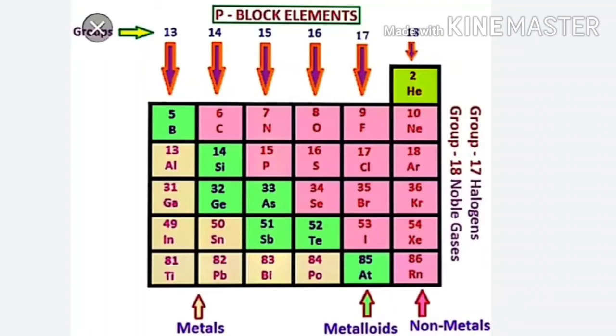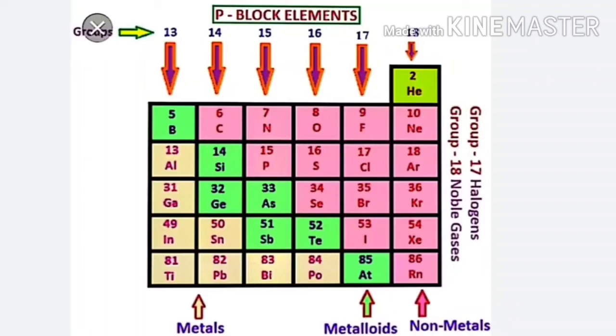Now chemical properties. Down the group chemical reactivity decreases. In hydrides of halogens, bond strength decreases from top to down, atomic size increases, and bond dissociation energy also decreases.